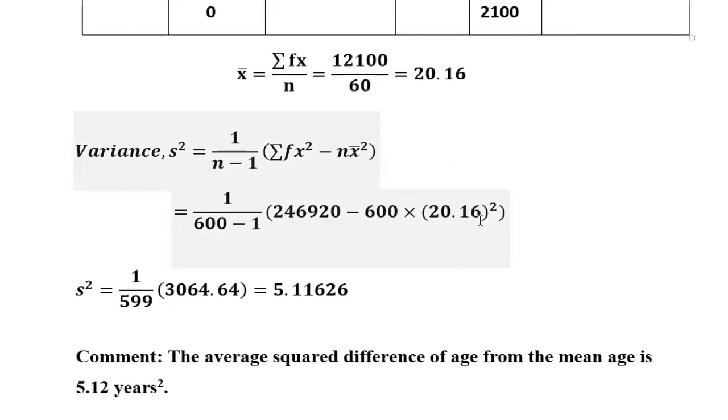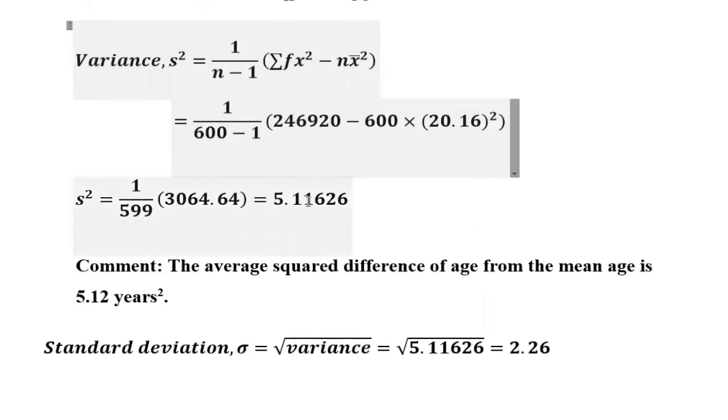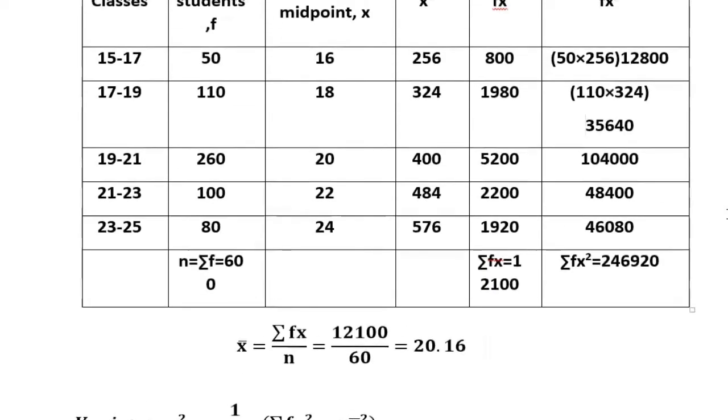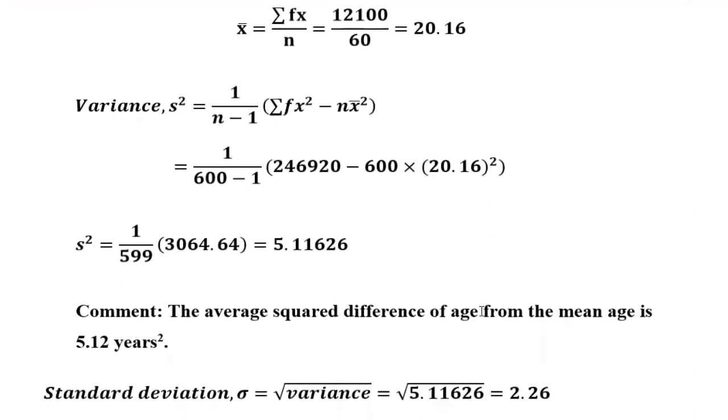Then you sum up, put all the values in the formula, and with x bar we got 20.16, you will get the variance 5.1162 year square. Because variance is a square difference, the unit will be year square. So what is the comment? The average square difference of age of students from the mean age is 5.12 year square.